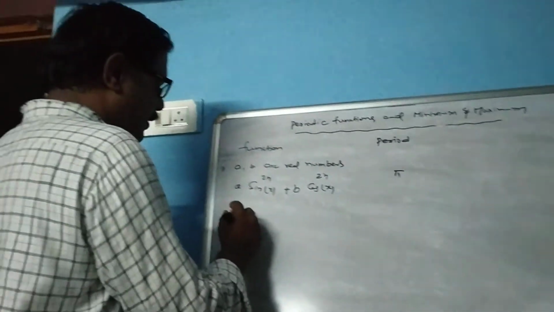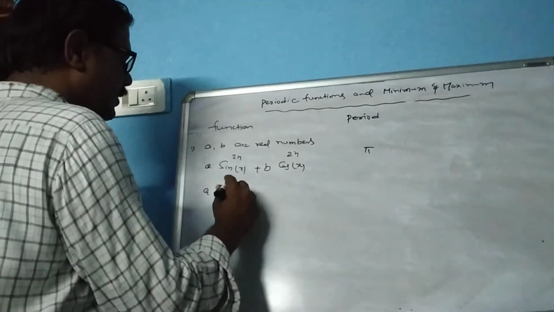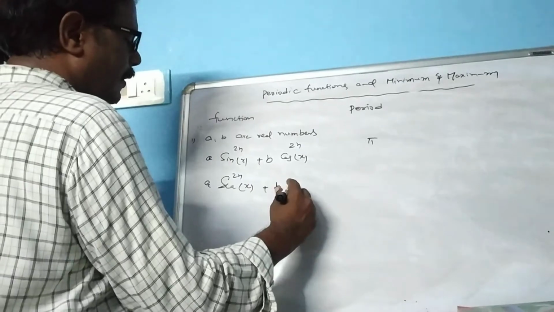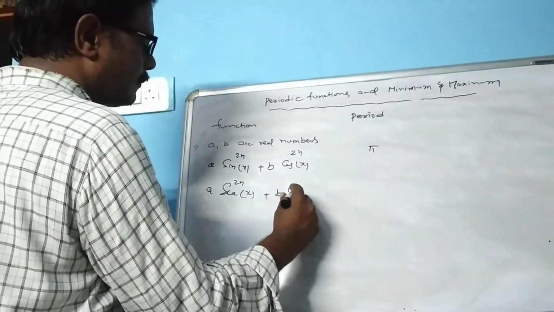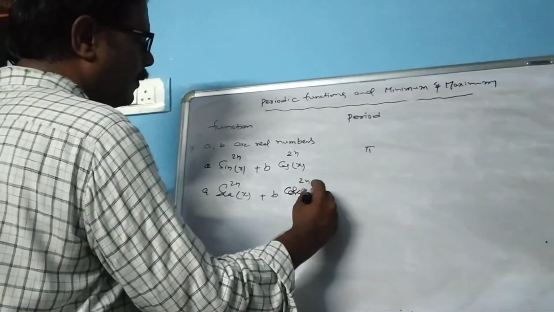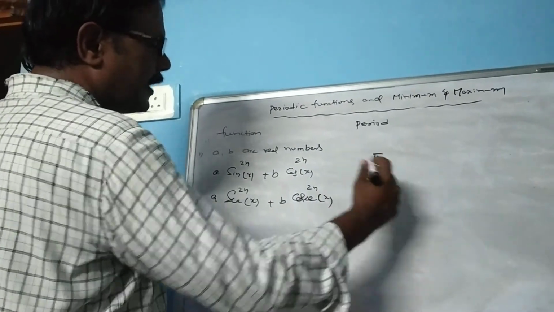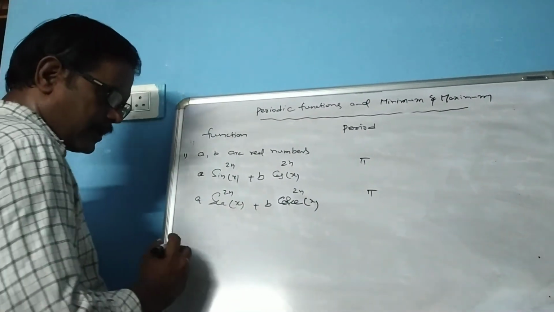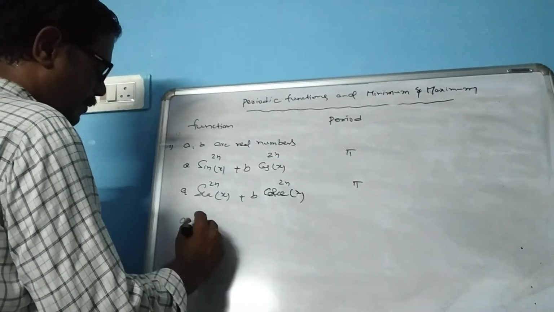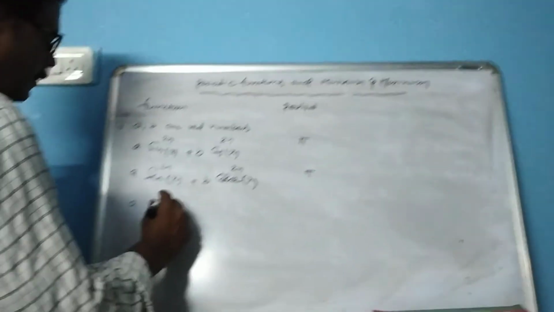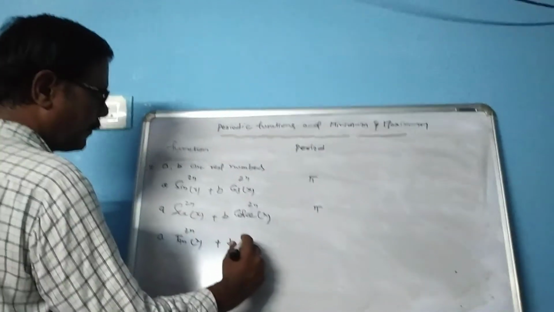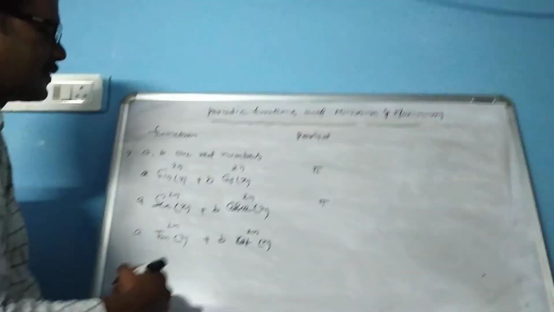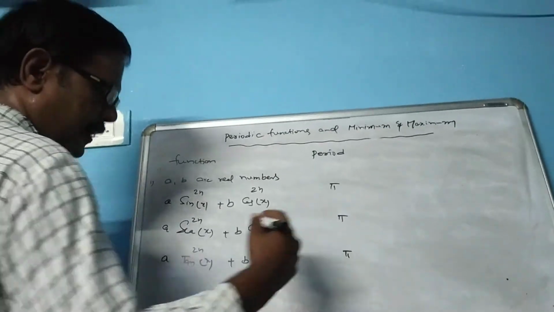Similarly, a secant 2n x plus b cosecant 2n x has period pi. Similarly, a tan 2n x plus b cot 2n x also has period pi.